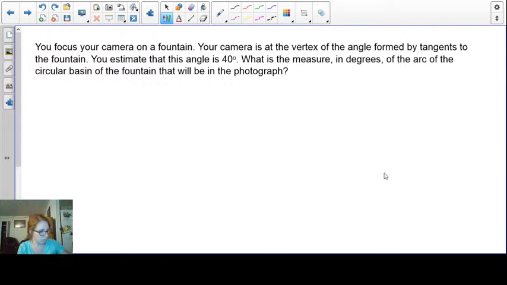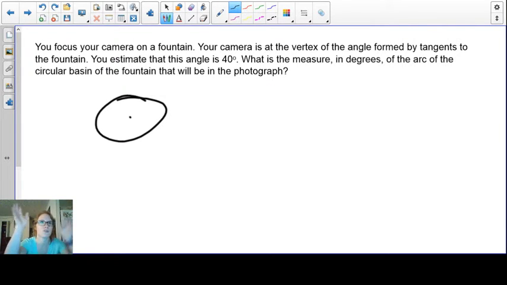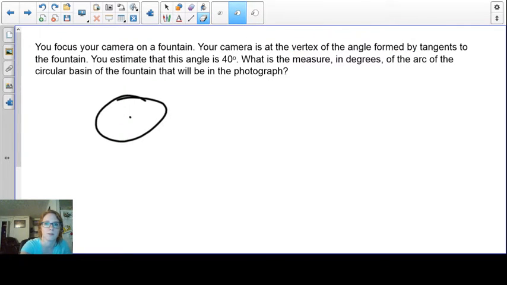Well, first steps first. We need a picture to see what I'm looking at. So here's my circle. It's my lovely little fountain. So it's telling me that my camera is at the vertex, formed by tangents to the fountain.